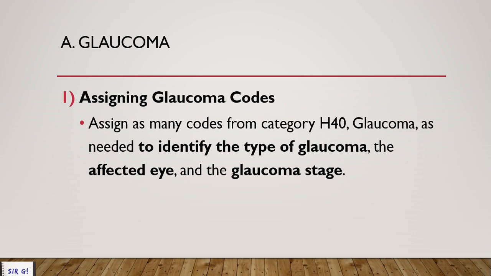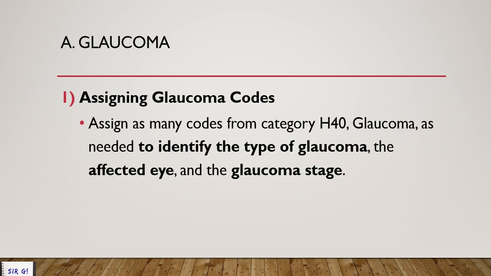And the glaucoma stage. I think you have stage 1, stage 2, and stage 3 glaucomas. The staging should always be documented by your provider, because we have available codes for unspecified stage and indeterminate stage.